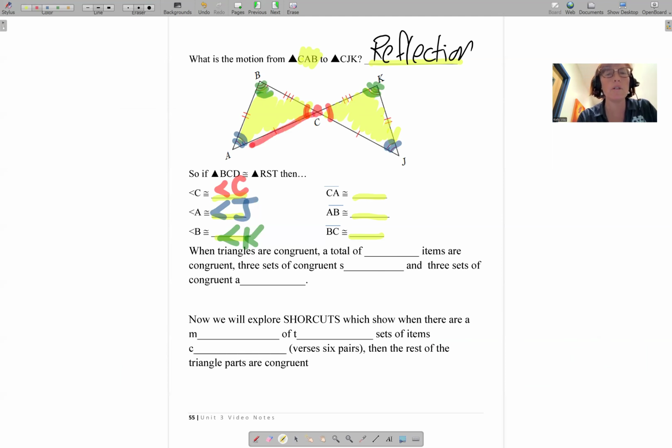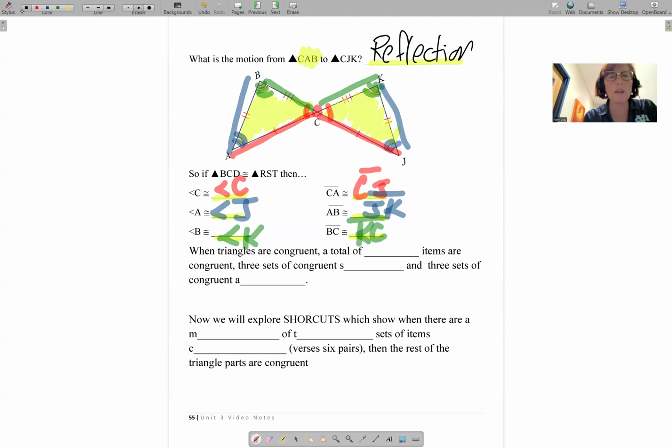CA goes from single to double. On the other side, that should be CJ, this segment. A to B is double to triple, and double to triple would be JK, the segment. And then BC, that's triple back to single, and KC, triple back to single.